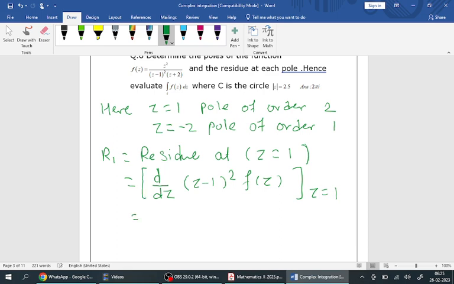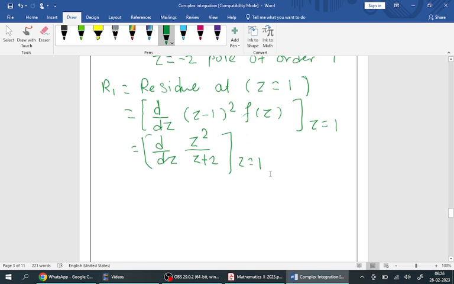So the (z minus 1) factor gets cancelled. We are left with d by dz of z square upon (z plus 2) only, and then we replace z by 1. Now use the quotient rule for the derivative, and then we can replace it.